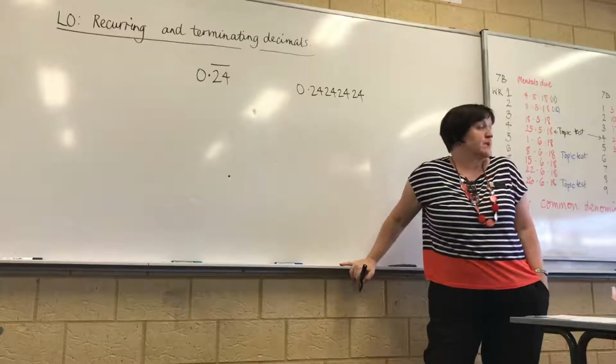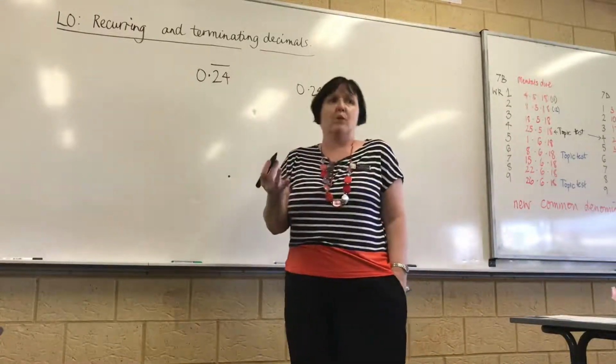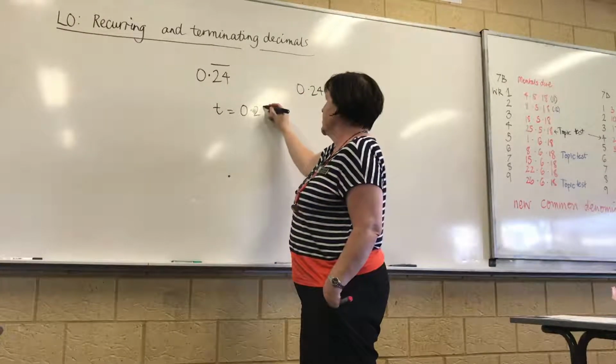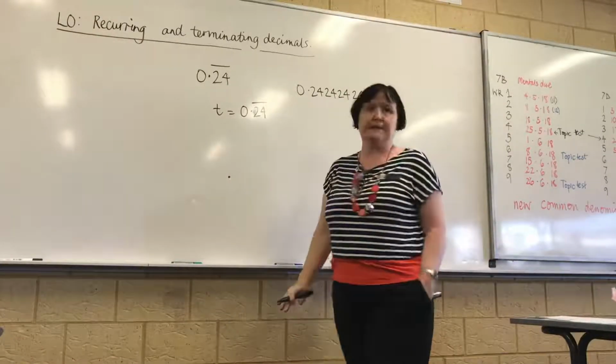This time I'm going to use a different letter. I'm going to use t, as it doesn't matter what the letter is. So t is going to equal 0.24 recurring.